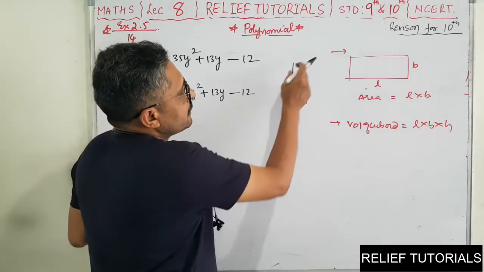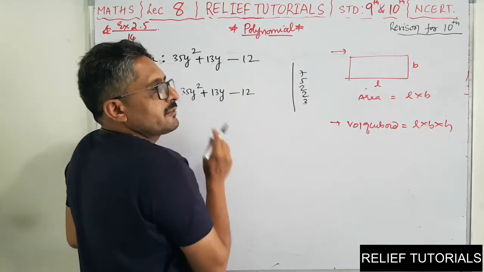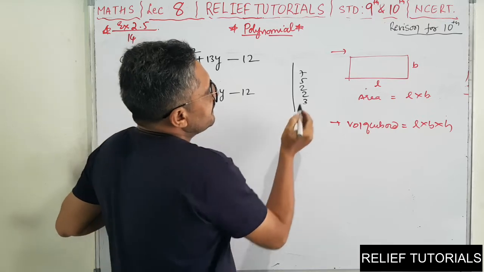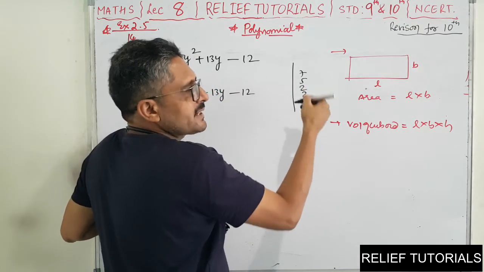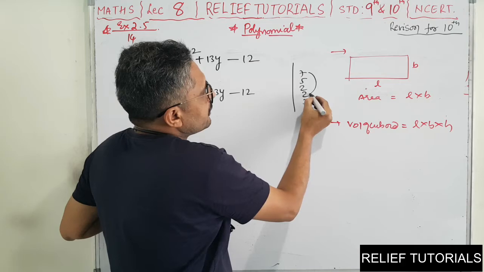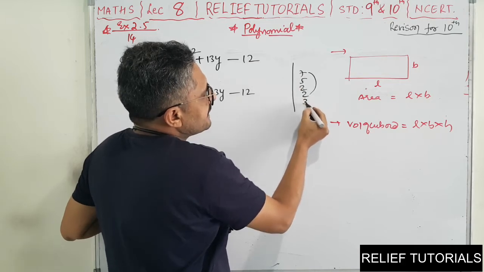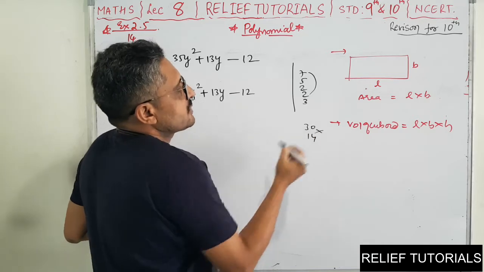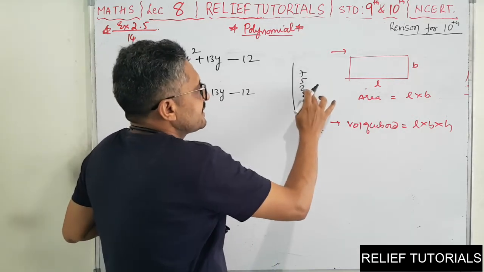Now, we want two factors from this so that your answer will be 13. So how will you do it? See, you just keep on matching. 7 2s are 14, 5 2s are 10, 10 3s are 30, 30 and 14. You will get 13? No, this is not the one. Then you change the things.